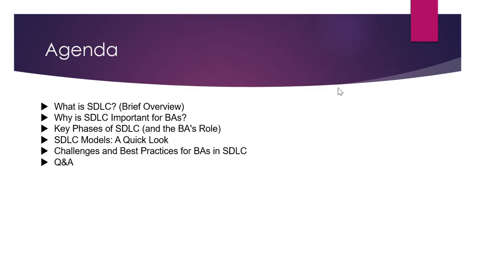Then SDLC models quickly: waterfall, agile, and V models. Then challenges and best practices for the business analyst in SDLC, and then we will discuss question and answer. So let's start the session.